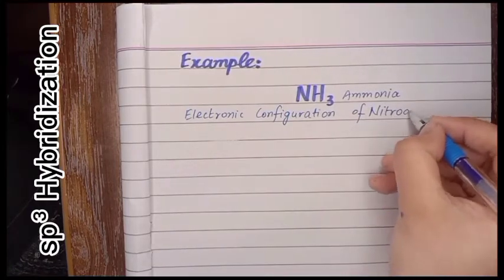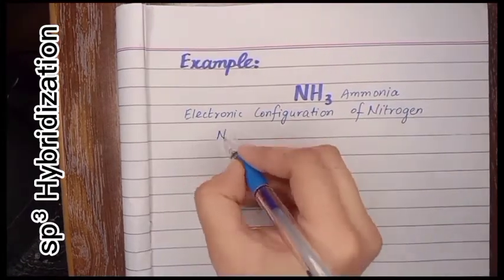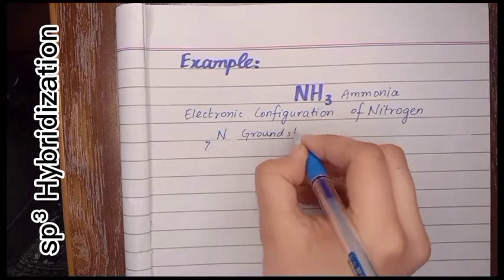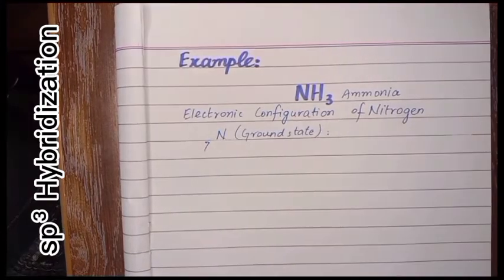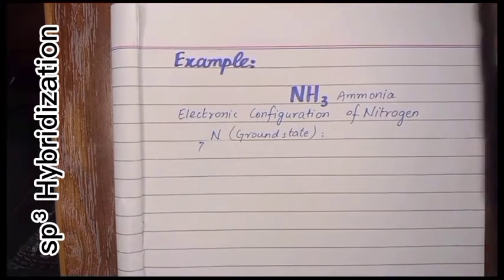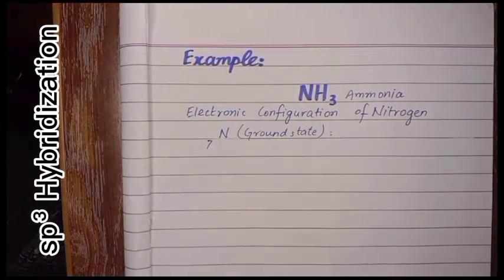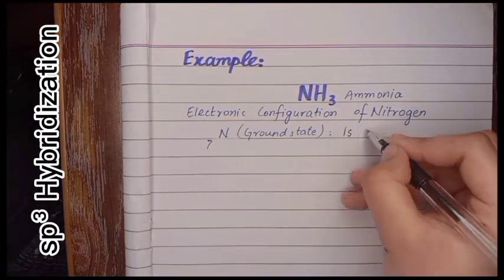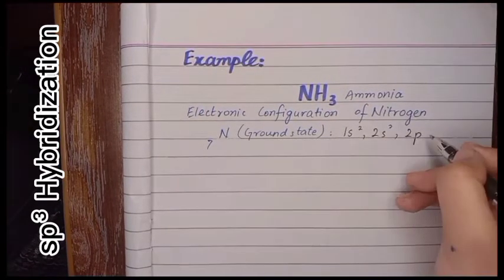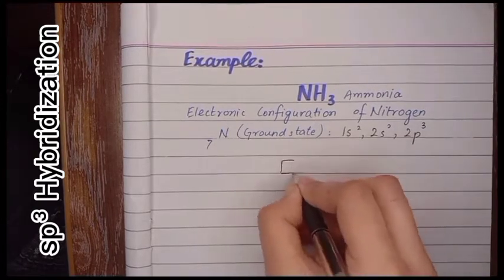From the example of NH3, as I have discussed CH4 in the previous video, I'm going to discuss the NH3 ammonia structure here. The electronic configuration of nitrogen in the ground state is 1s2, 2s2, and 2p3.